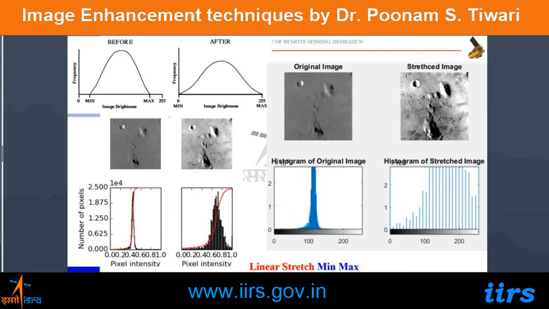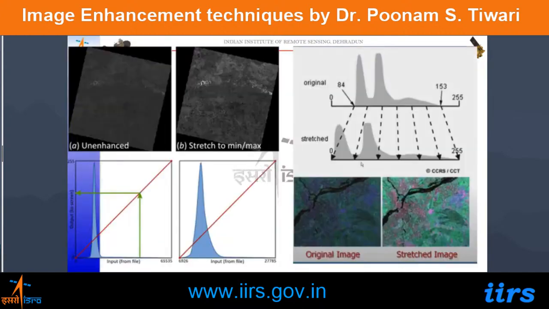distinguishable in our image. Similarly, here you can see the unenhanced image and the image stretched to minimum maximum value. Here also I have zoomed into an area and shown you how things are changing, how the features are now more identifiable.